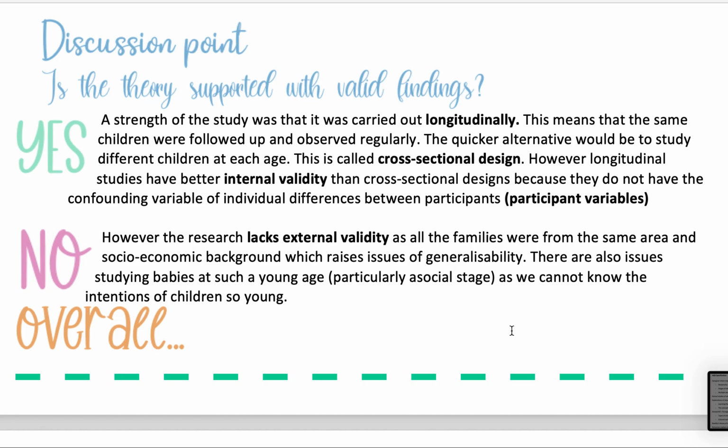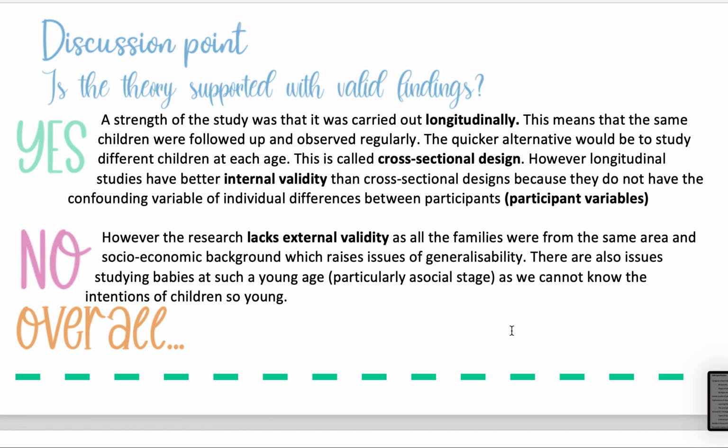But because they were using the same participants, if they got to 1 year old and suddenly were forming more attachments, that was a genuine change in their behaviour that happened due to age. So it increases the internal validity because we know that the change in their attachment style is due to their age rather than something that was different between the participants, because they used the same participants.